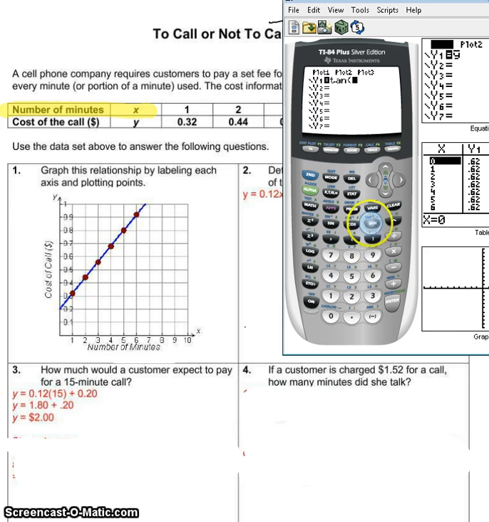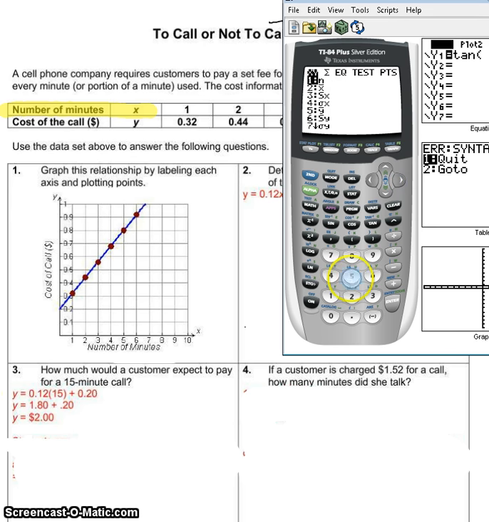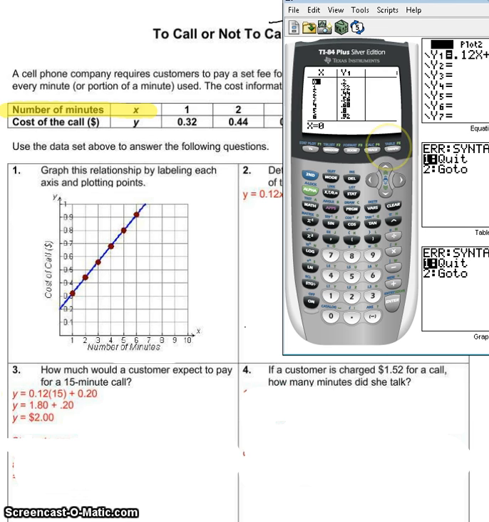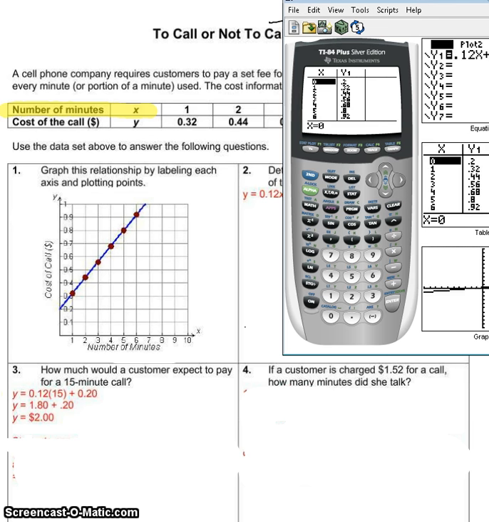Try that again. Stat, and then go over to equation, hit enter, and it'll plug the equation in for me. Let me delete that other part. So now when I go look at my table, I want to know about what number? 15. So can I scroll down to 15 and see that at 15 it was $2?